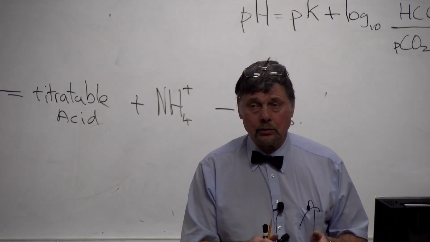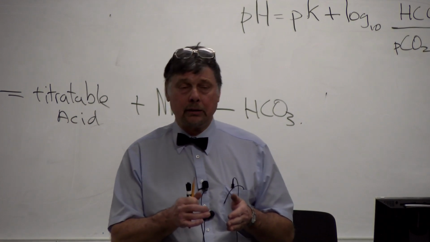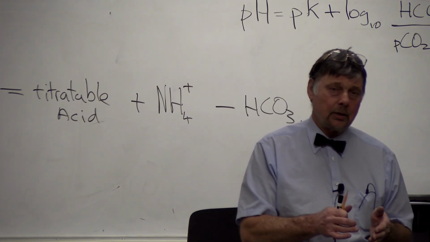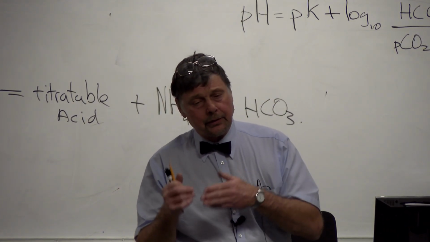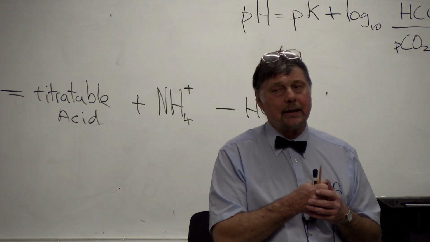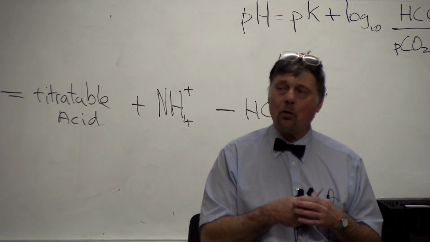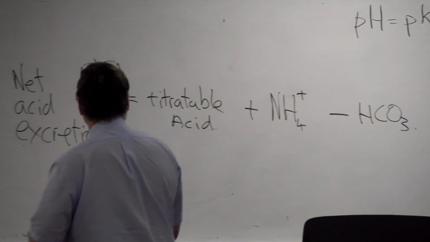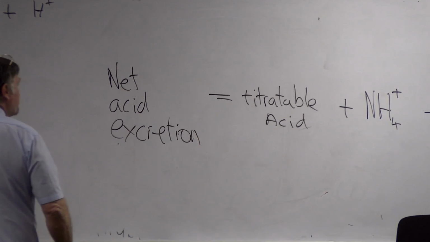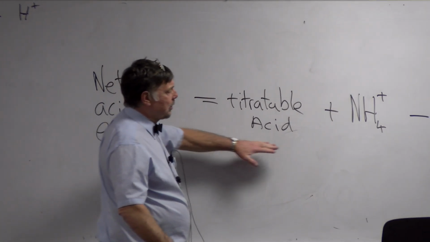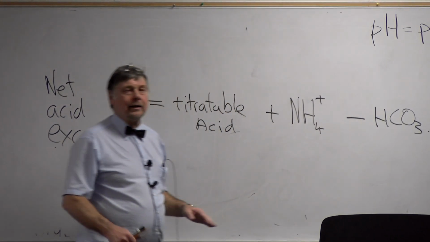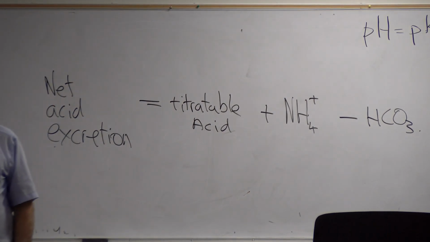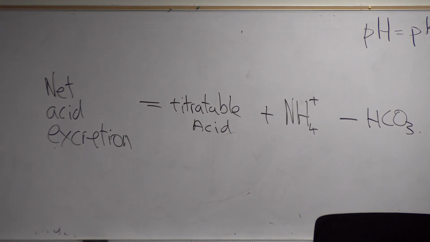And so in order to diagnose a renal tubular acidosis in the distal tubule, you need to get a measure of how well the kidney can excrete acid. So what you do is you give an acid load and you measure how much of that acid load is excreted in a given time. So it does have clinical significance.